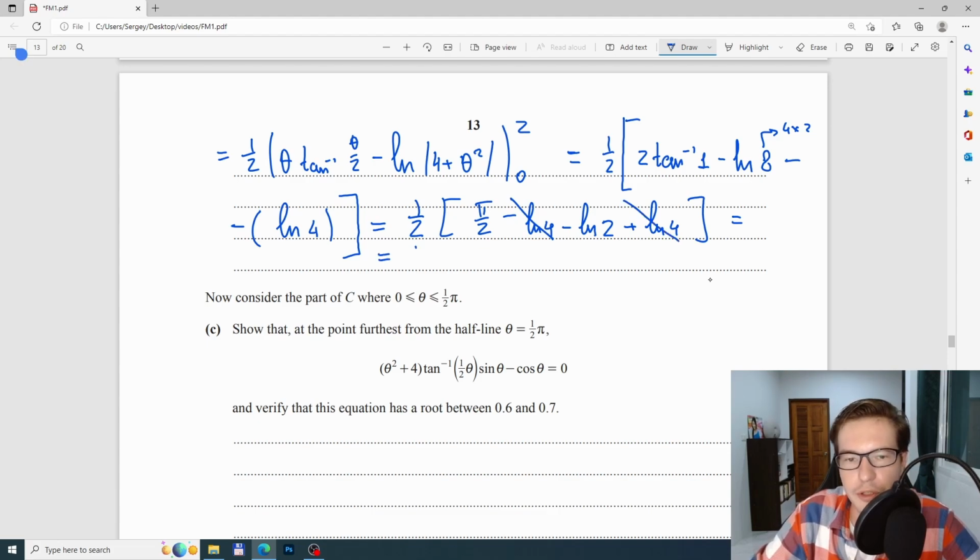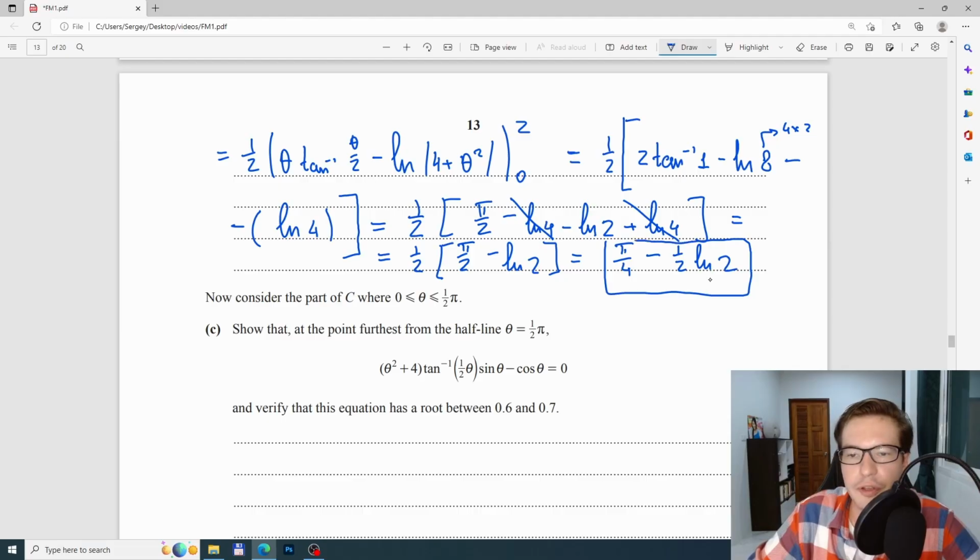So all in all, we got a half pi over 2 minus log 2. Or we can expand the brackets, and finally we get pi over 4 minus a half log 2. So that's going to be the final answer.